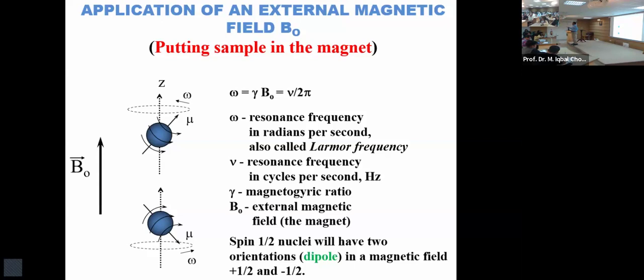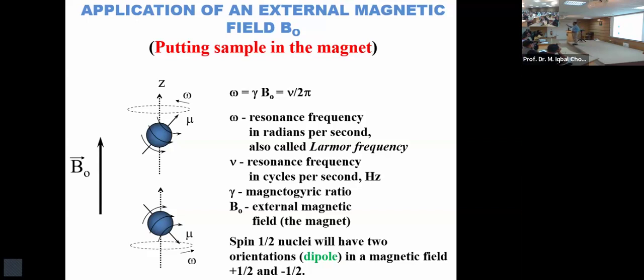B naught is ever present and the same; it is called magnetic flux density. Magnetic flux density never changes. In all NMR spectrometers, when they are commissioned, their magnetic field is fixed forever. From commissioning to death, these machines have the same magnetic field density. B naught would always be the same.